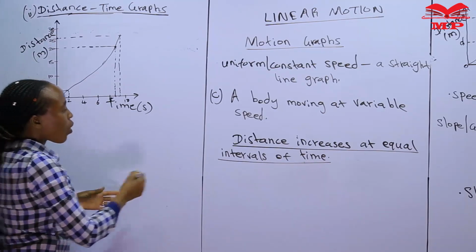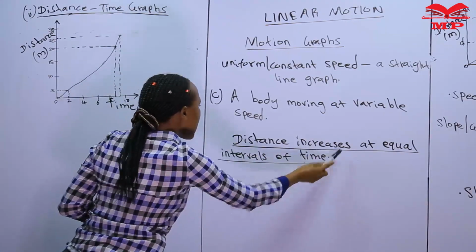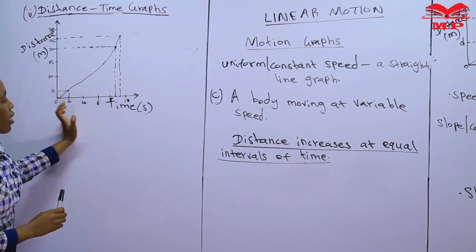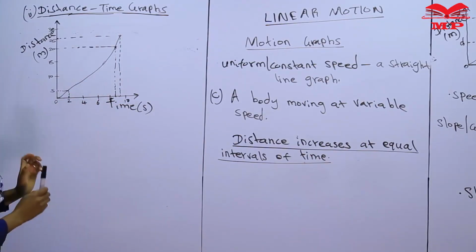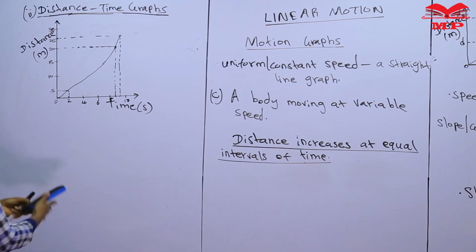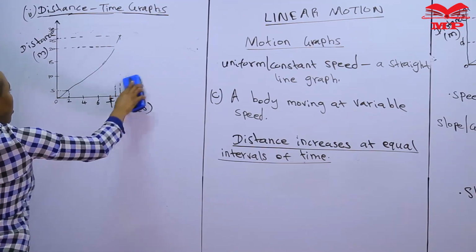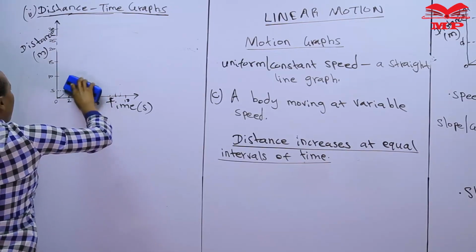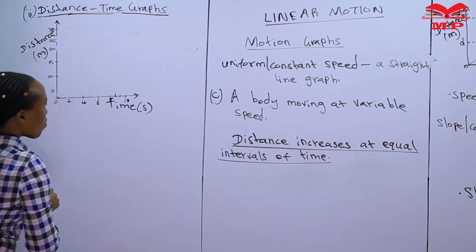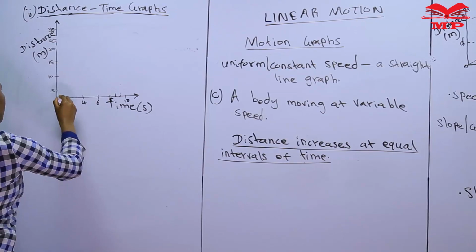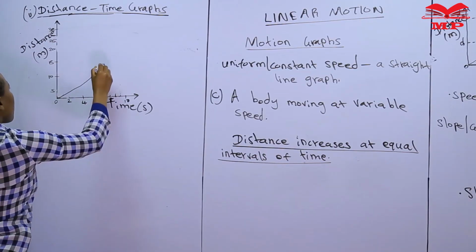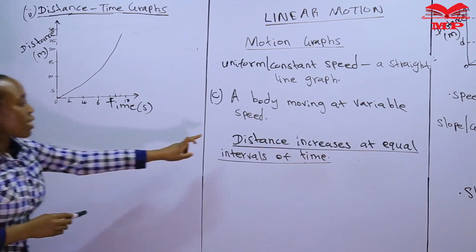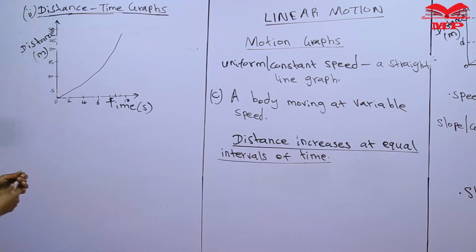So for this body, the distance continues to increase at equal intervals of time. We have a curve of this form. That's the curve you are going to have for a body that is moving with variable speed, with distance increasing at equal intervals of time.